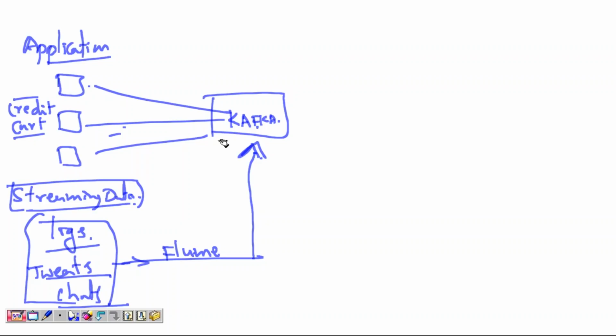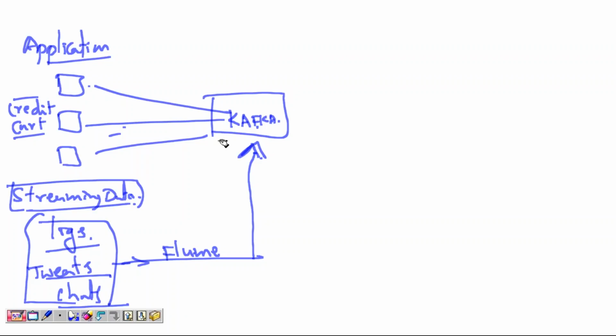Whenever you perform a transaction, Storm will immediately recognize whether it is a fraud or genuine, based on the given algorithm in Storm. But wherever Kafka is strong, Storm is weak. That's why we cannot expect all the features from Kafka or all the features from Storm.